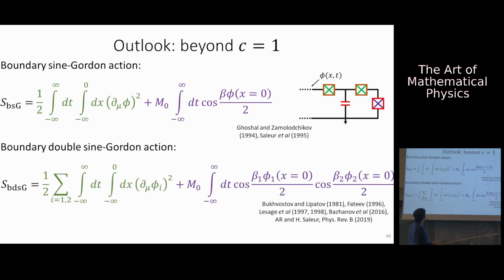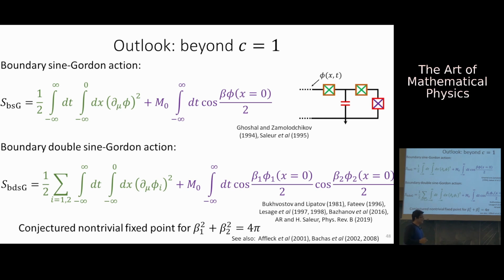And now what we want to do is a very special c=2 theory, and this is the so-called boundary double sine-Gordon model. And so here we have now 2 free bosons on the half line. They don't talk to each other in the bulk, but on the boundary they have this very special interaction. It's cos times cos. And you will note that beta 1 and beta 2 are 2 different coupling constants. They do not have to be equal.